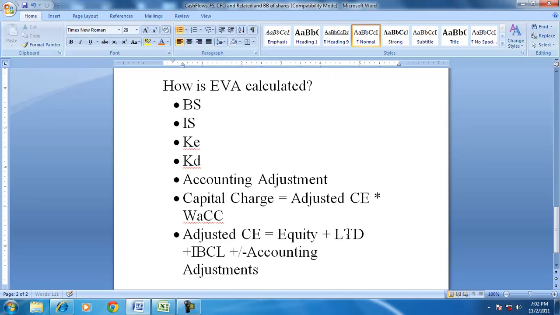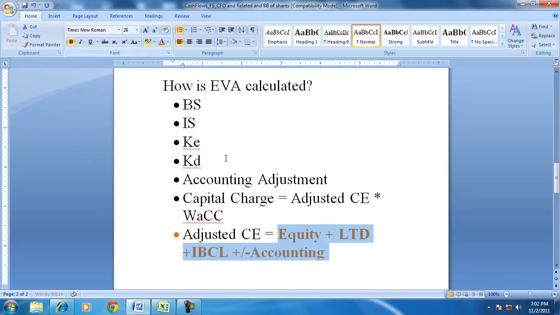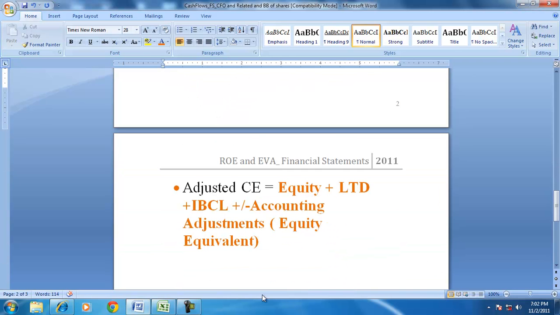The accounting adjustments are given a name called equity equivalent. That means the accounting adjustments which are required to convert the accounting profit into economic profit are called the equity equivalents.